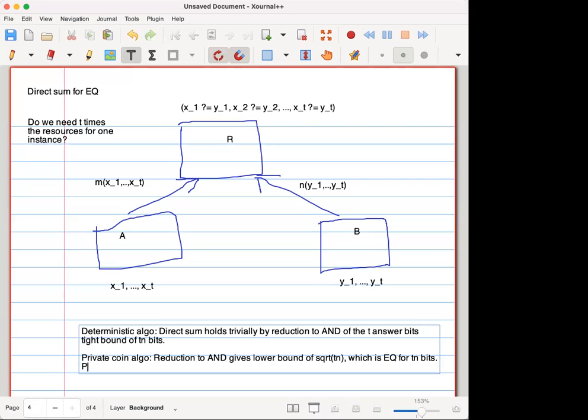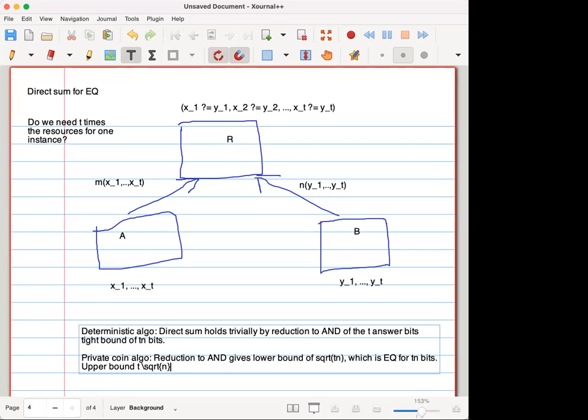So the private coin upper bound. The first naive upper bound would be t times square root n, but there's a catch here, because it was square root n, let us say, with 1% probability of error, and I want protocols with 1% probability of error. If I repeat it independently t times, then that 1% will become t%.